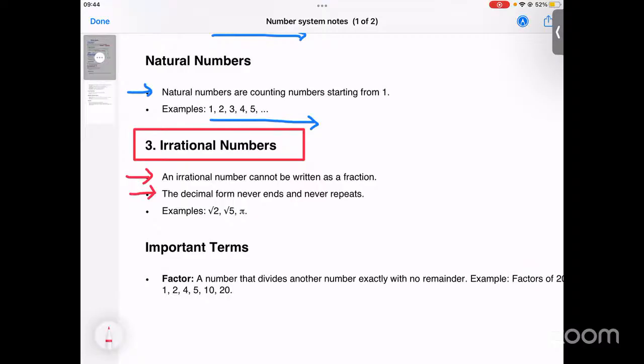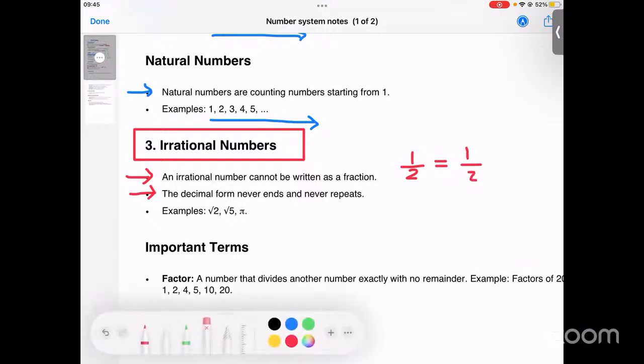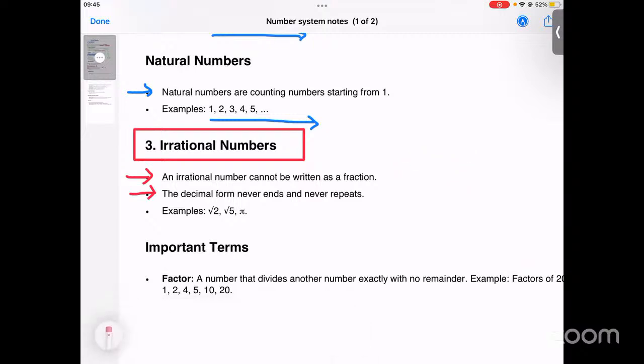That means with an irrational number, you can't say, for example, 1 over 2, and when you press equals on a calculator it gives you 1 over 2. No, it will give you a very long decimal, and that decimal never ends and doesn't repeat, meaning you can't have it as, for example, 0.24242424.